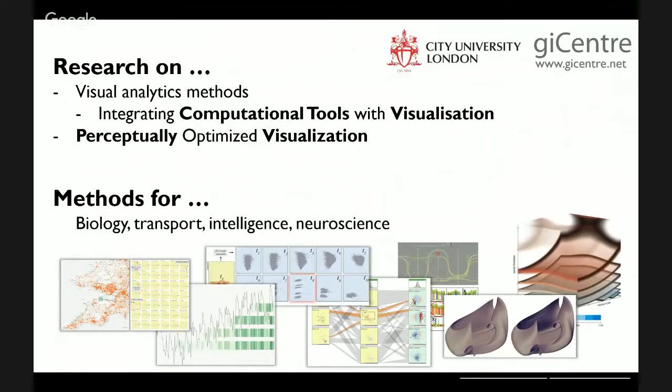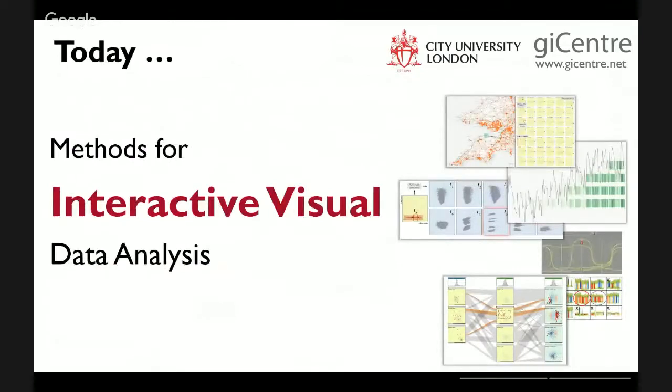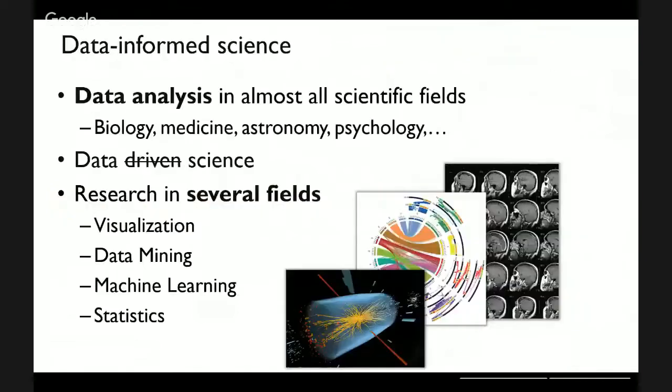I've worked in several domains, currently in intelligence transport, and a new project on cybersecurity. Domain-wise, the techniques we developed we aim to be generalizable, applicable to several different domains. But today is mainly about these interactive visual data analysis methods, and I would like to go through some of the challenges we face, followed by a couple of examples from our own research.